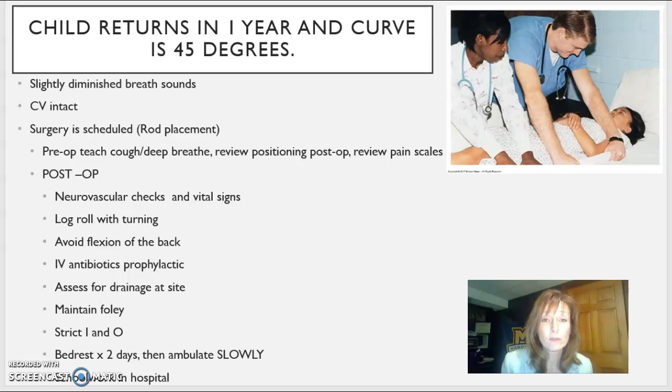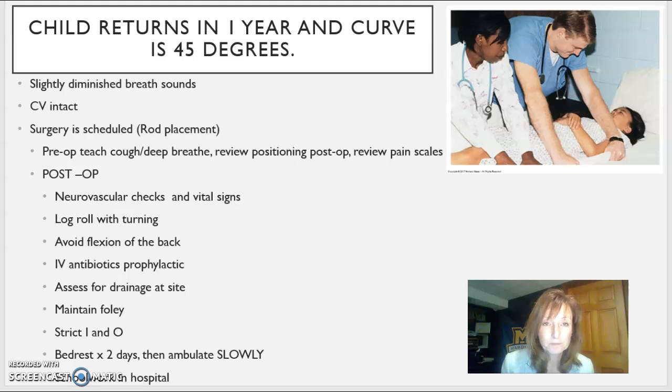Postoperatively, the patient returns from the OR, and as the RN, we are going to do neurovascular checks. So you're checking pedal pulses, capillary refill, sensation, very frequently, and then it progresses as the post-op period lengthens, and vital signs very frequently.